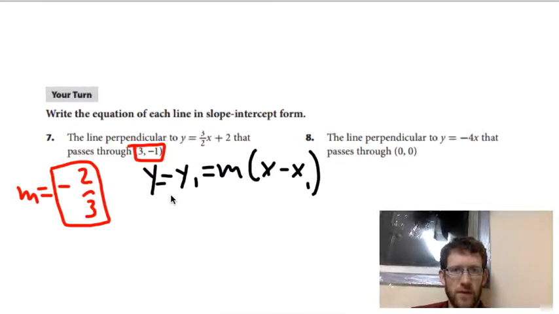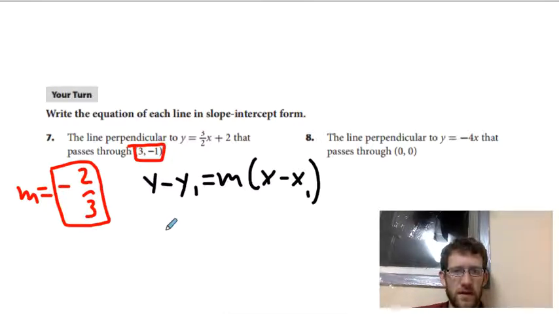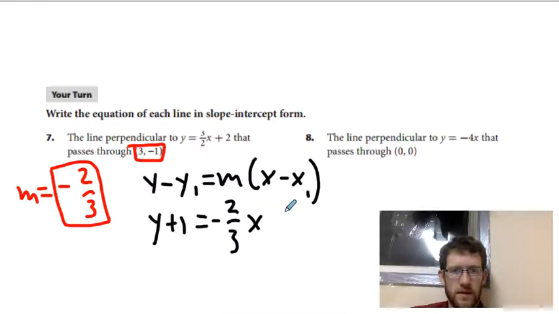I can plug in my numbers. It's all ugly. That works. So y plus 1, double negative, equals negative 2 over 3 times x minus, and then this x is 3.